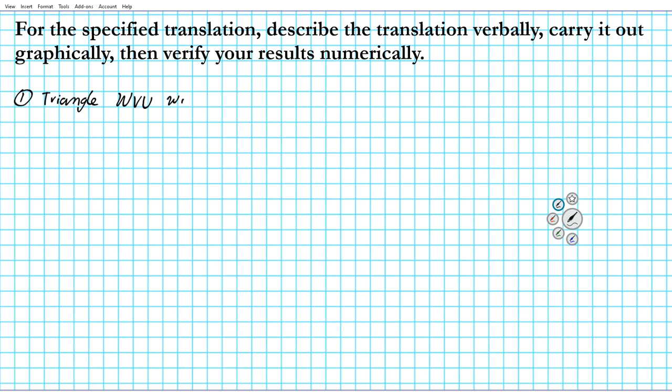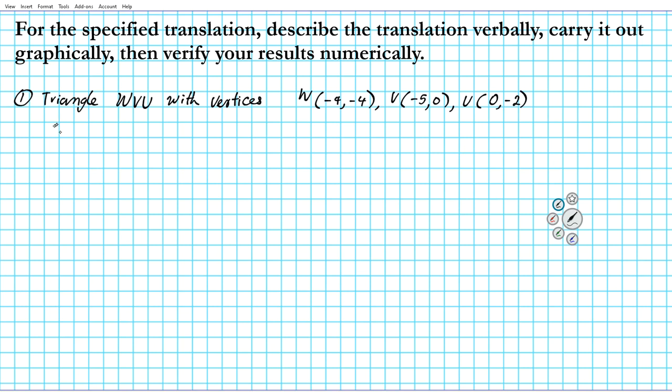with vertices W is -4, -4. V is -5, 0. And U is 0, -2.